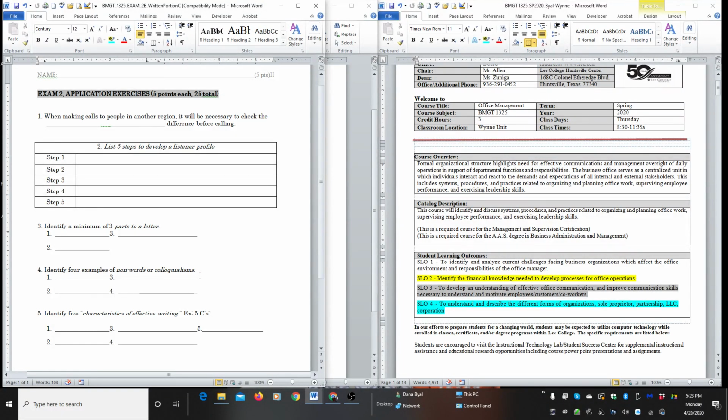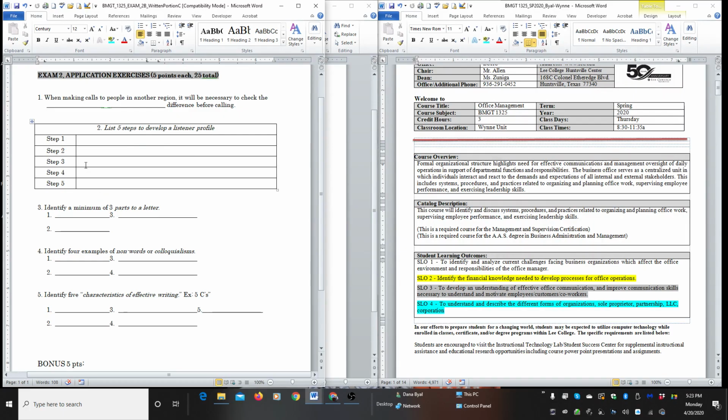So at that point, it's up to you to decide, okay, if they get 4 of these correct, am I going to consider that a success on this question number 2? If they get 2 out of 3 right, is that a success? That's completely up to you what you consider to be a success on this page.